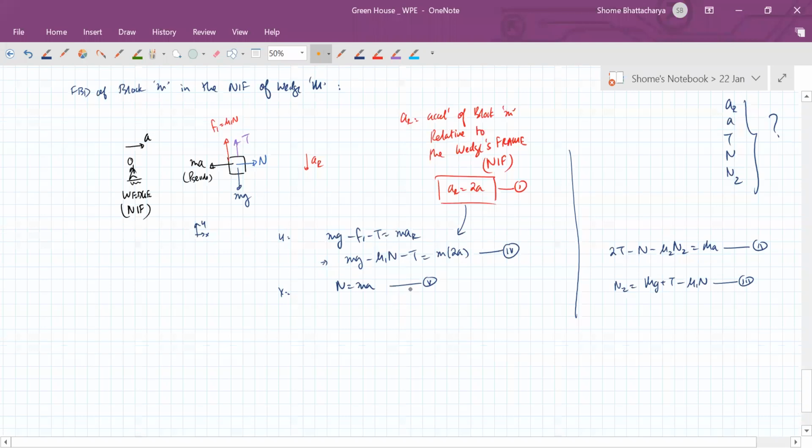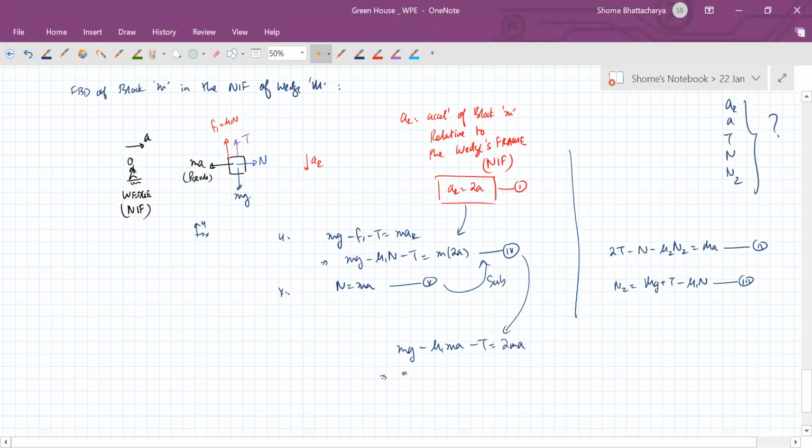First of all, substitute N equal to mA in this equation. So this equation becomes mg minus mu1 mA minus T is equal to 2 mA.